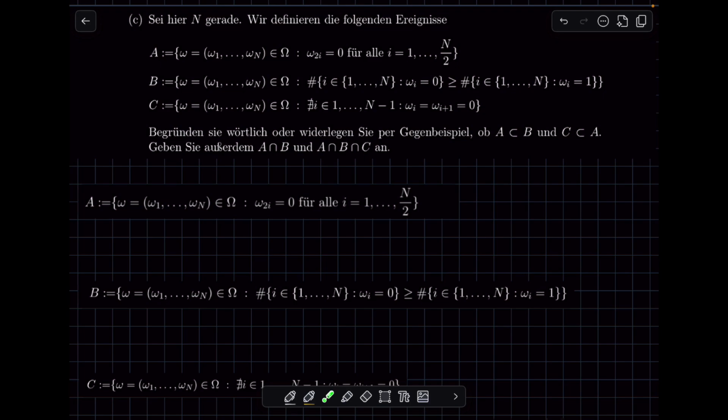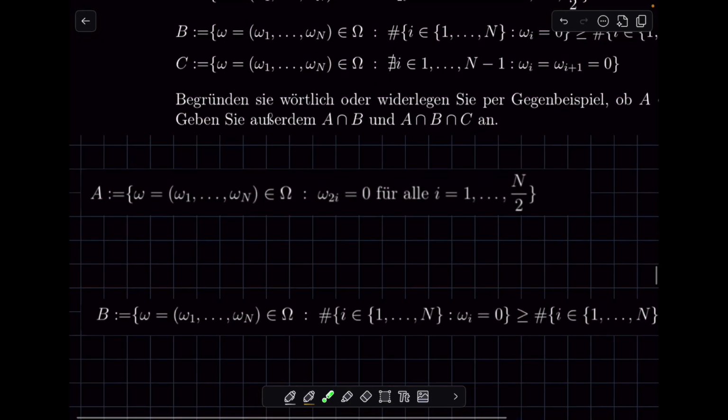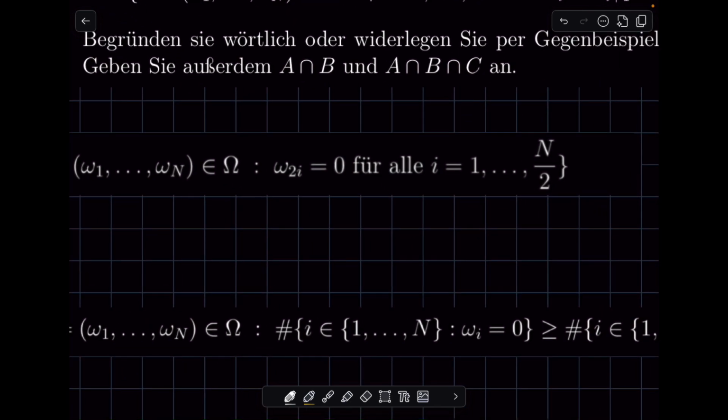So let's go with A, and let's see what A describes. They're giving us that W is equal to all the tosses in omega, such that the omega with 2i index, meaning it doesn't matter what i we take, whenever we multiply any natural number by 2, it is going to be an even number.